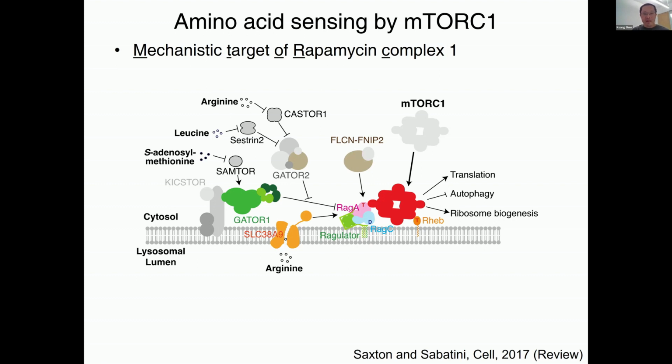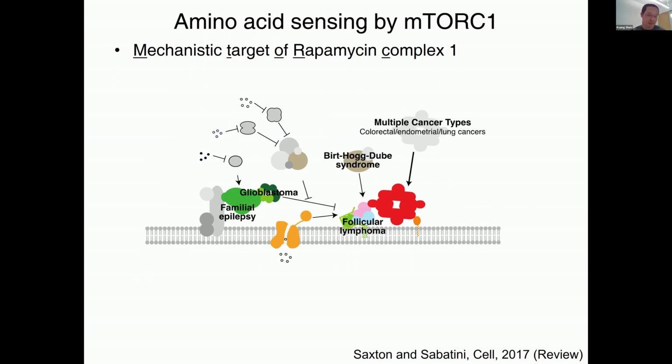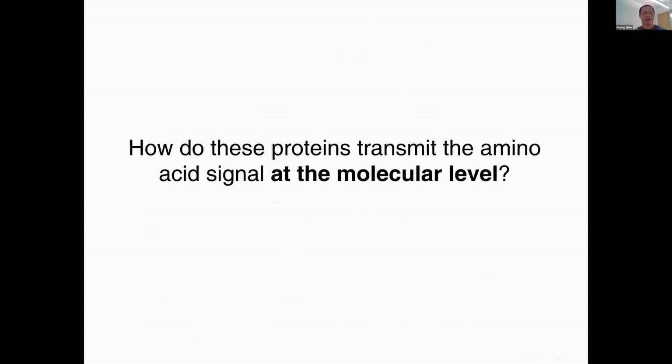So, as you can imagine, because this is an important pathway in the eukaryotic cells, mutations within this pathway have been tightly associated with many diseases, including abnormal cell growth like cancer. For us, we are very interested in how these proteins transmit the amino acid signal at the molecular level, and that is the focus of my lab.